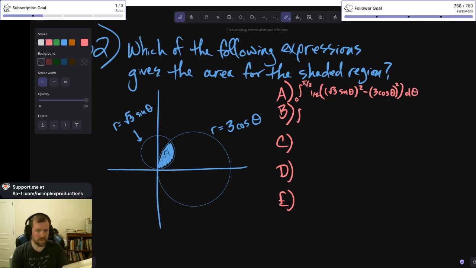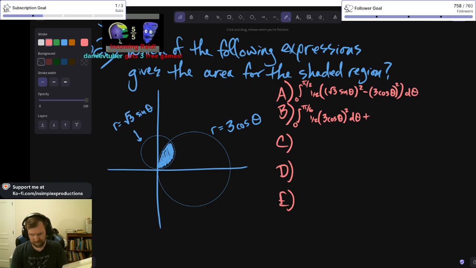B: integral from 0 to pi over 6 of 1/2 times 3 cosine theta squared d theta, plus pi over 6 to pi over 2.